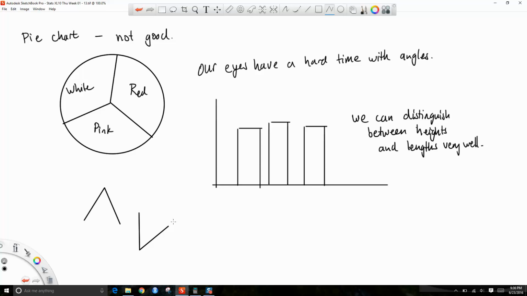Can we measure that? Maybe with a tool. How do I do this? I don't know. Never mind. Okay. So this kind of stuff is harder for us. That's why we don't like pie charts.